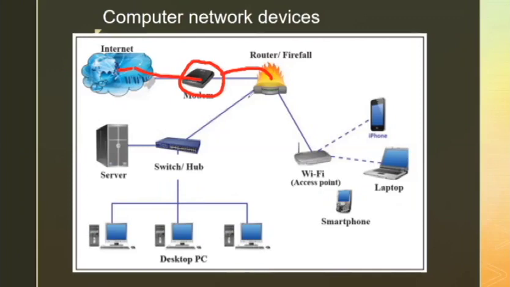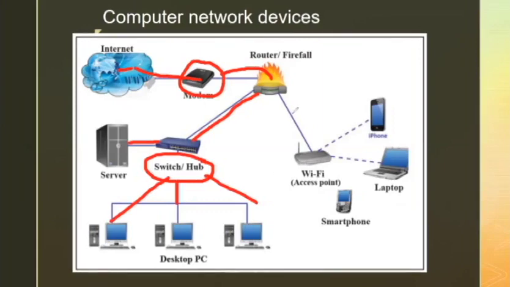Okay, so the router can send the data to the switch or hub. These switches and hubs can transmit data to several devices. But this is for the guided media.